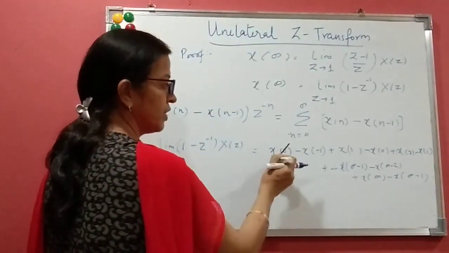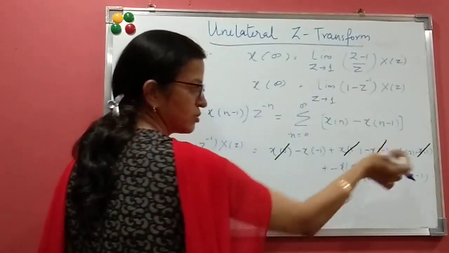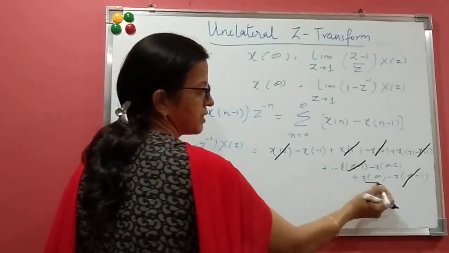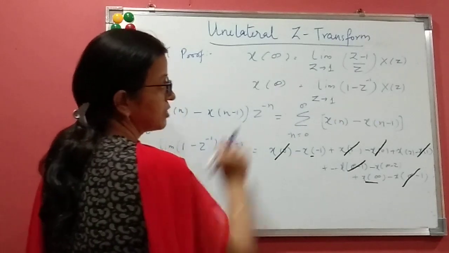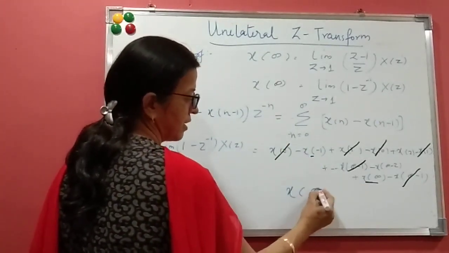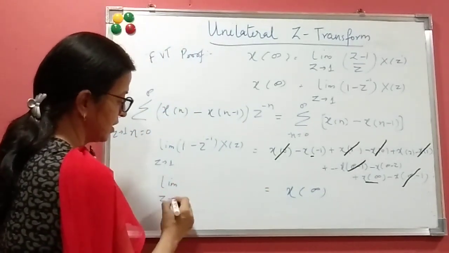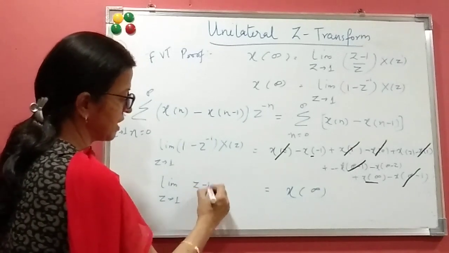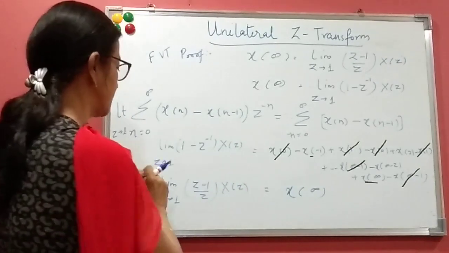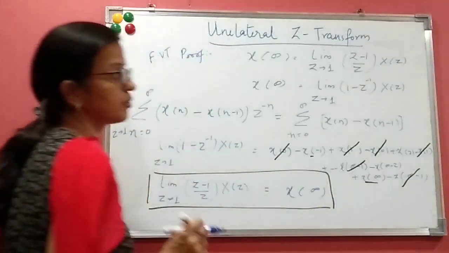You see x of 0 is getting cancelled, x of 1 is getting cancelled, similarly x of 2 will get cancelled, all will get cancelled like this except the last term. And x of minus 1 is not present, because it's a unilateral Z transform. We have only x of infinity here, and on the left hand side you have limit z tends to 1 of z minus 1 upon z times x of z, and this is nothing but the final value theorem. So this is the proof of the theorem.